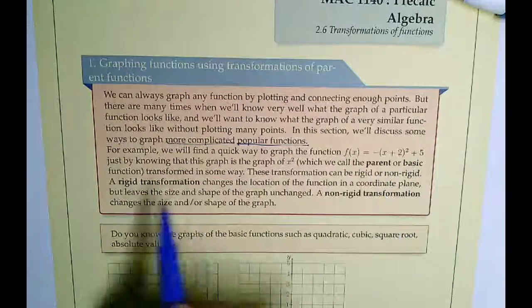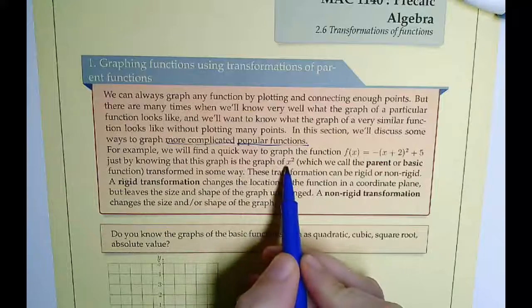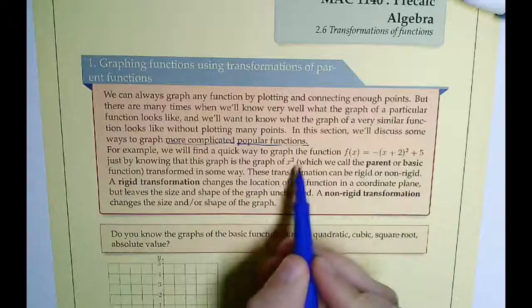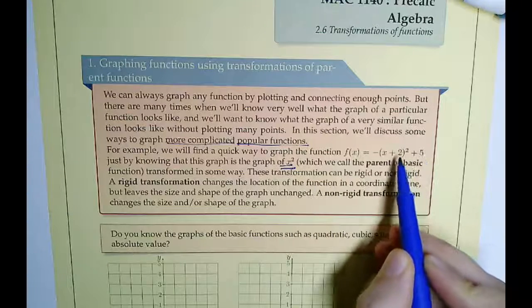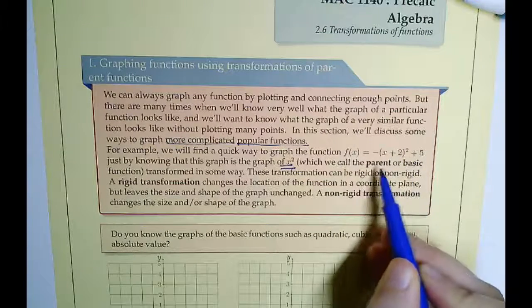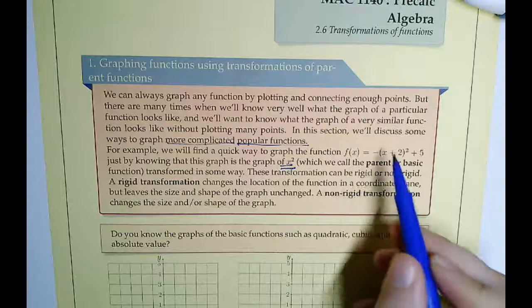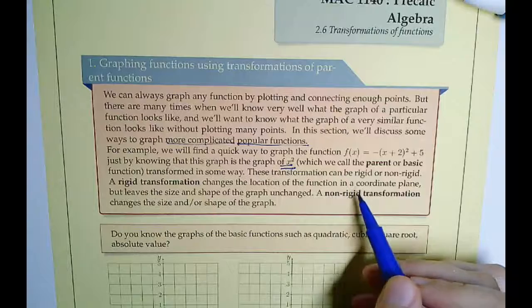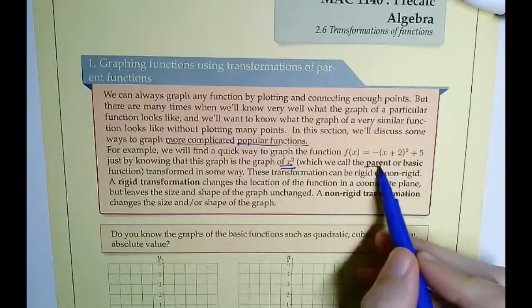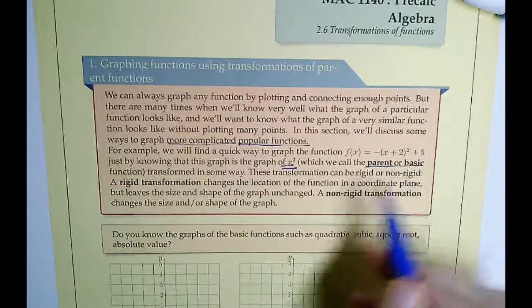Well, if you know enough about f of x equals x squared, and what this 2 is doing, what this 5 is doing, then we can easily graph this function by knowing information about x squared. So we're saying we're transforming this parent or basic function x squared.